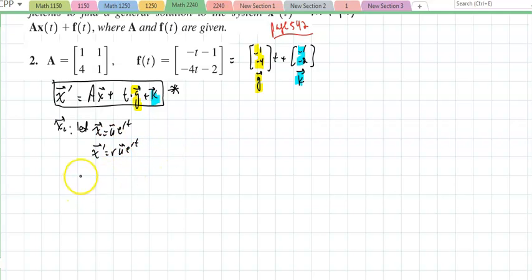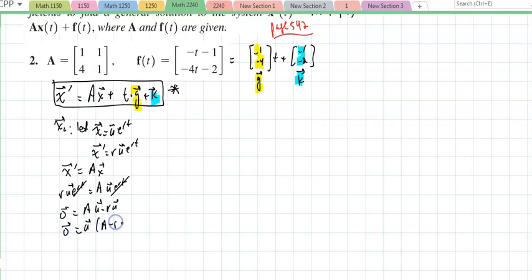And I'll proceed accordingly like we did before. I'm going to get x prime to equal Ax, well, x prime is ru e to the rt equals A times u e to the rt, nothing different. And this would mean that 0 equals Au minus ru.